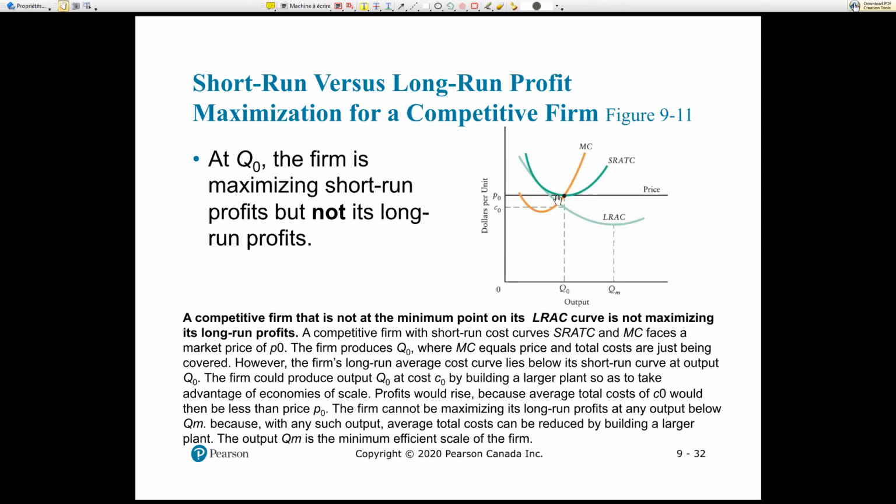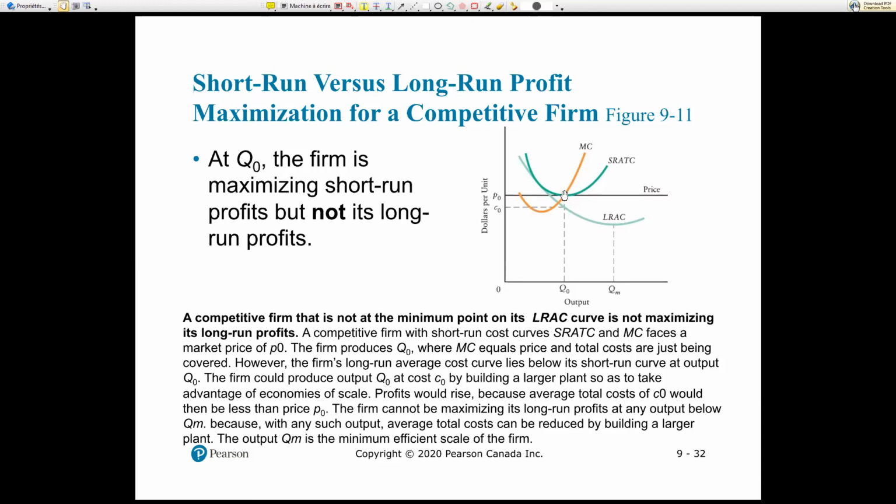Yeah, so in this case, what happens? Well, the price is P0, and here it looks like firms should be good because the average total cost is equal to the market price, equal to the marginal cost, but this is in the short run.